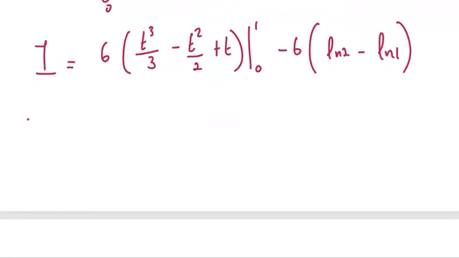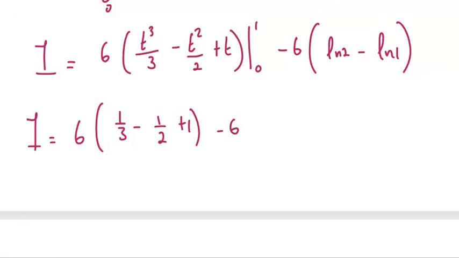Okay, so from here we use the limits. So the upper limit will give us 1 over 3 minus 1 over 2 and then plus 1. No need for the lower limits because everything turns out to be 0 when you put in the lower limits. So from here, this will give us minus 6 into bracket the ln of 2 minus the natural log of 1, which is 0.